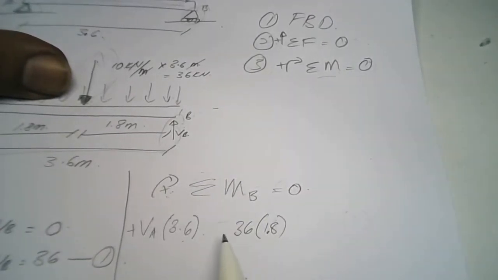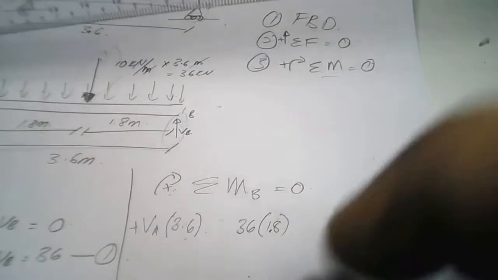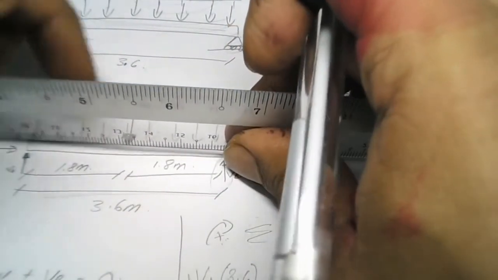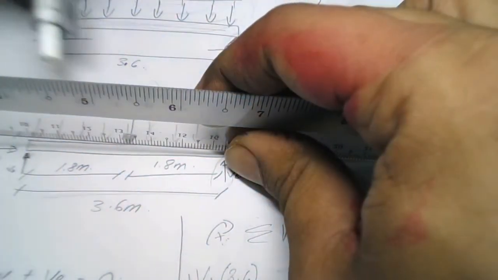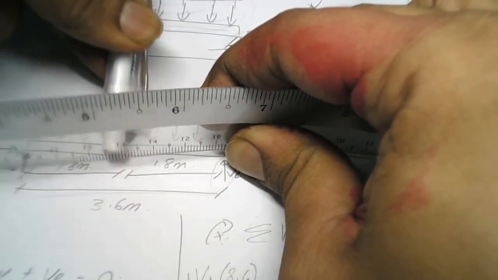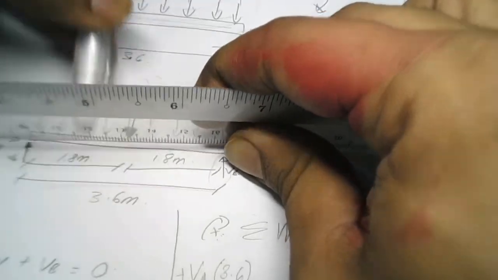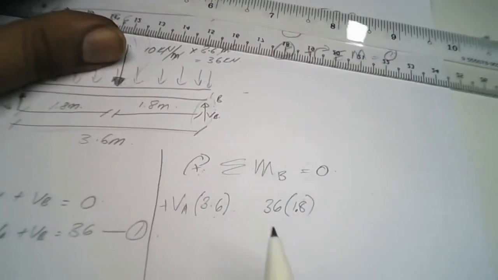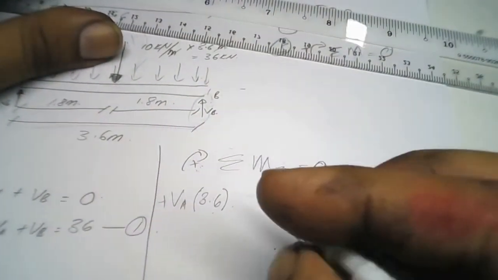So what's the sign, positive or negative? Take back our beam. There is a downward force here. That means the beam will rotate anti-clockwise, against what we have declared. So it becomes negative.